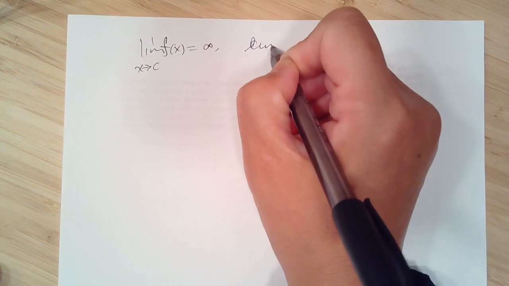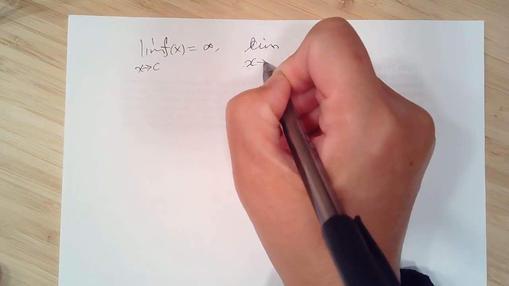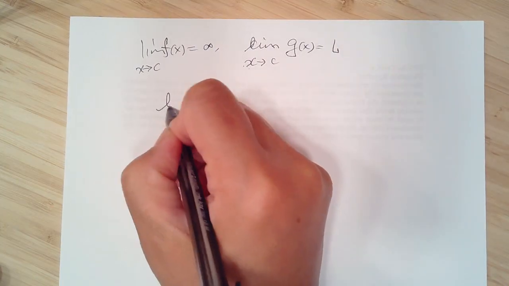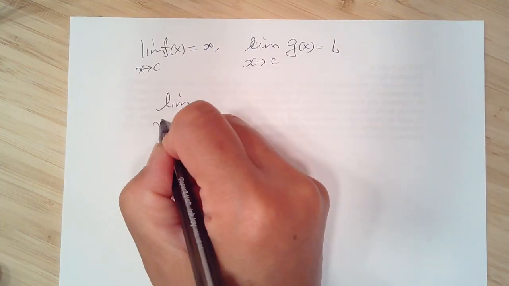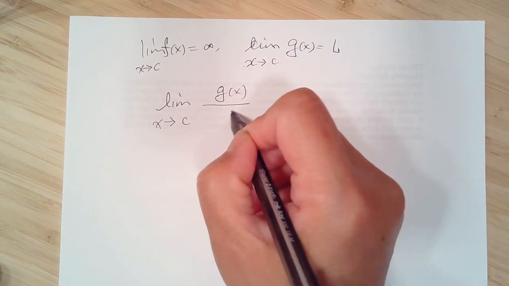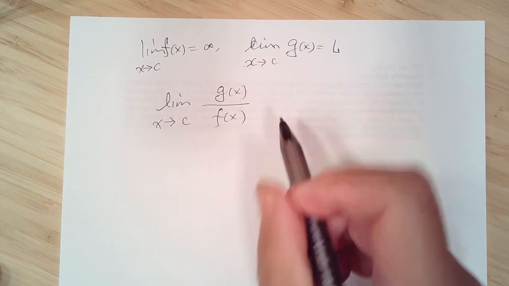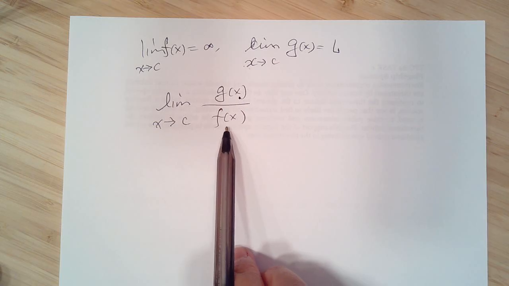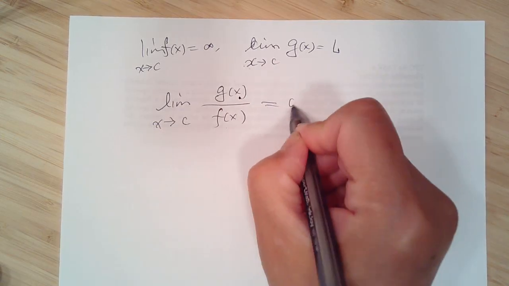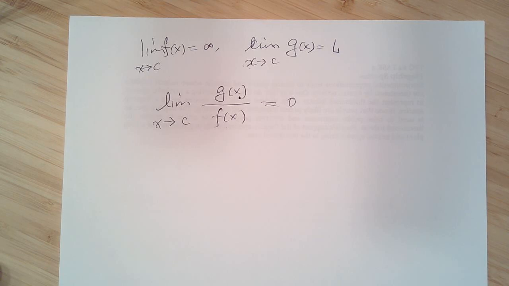The limit as x approaches c of g of x is just L. Then what is the limit as x approaches c of g of x over f of x? So this is a fixed number, and this approaches a fixed number, this approaches infinity, and that limit is 0. Make sense? Because any fixed number divided by a huge number, you should get 0.